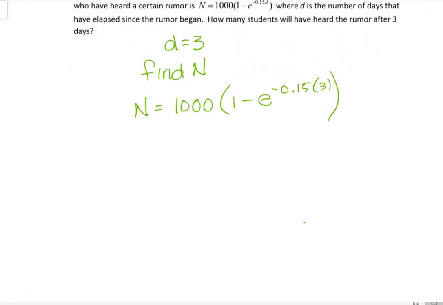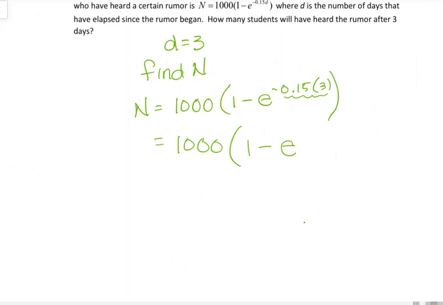So do make sure that you have a calculator that has an e and your caret key for your exponent. So I'm going to do this in stages so that you can check yourself on your calculator as well. So I've got N is equal to 1,000. I don't want to do that yet. All I want to do is figure out at first what this exponent should be.